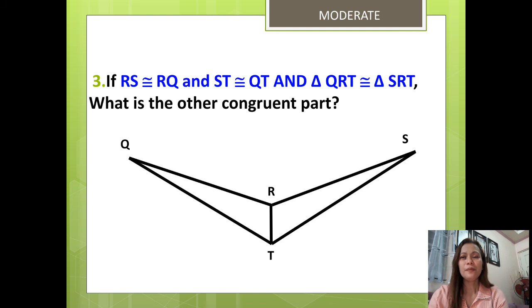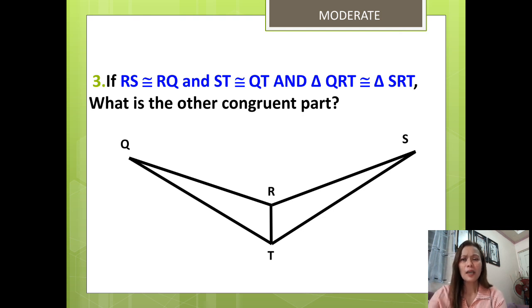Next, the third one. If side RS is congruent to side RQ, and side ST is congruent to side QT, and triangle QRT is congruent to triangle SRT, what is the other congruent part? So we have the first congruent part is side, another side.